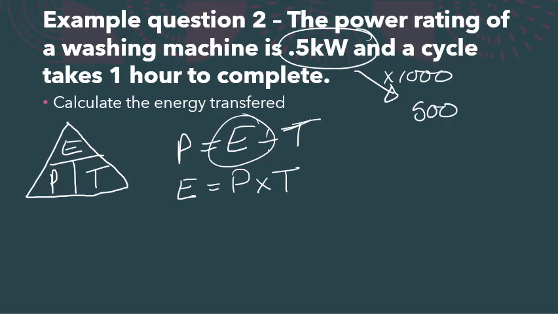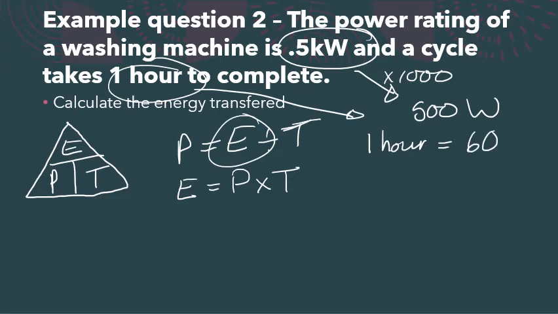And we have time in hours, and we need to convert that into seconds. 1 hour is equal to 60 minutes, and there are 60 seconds in a minute.